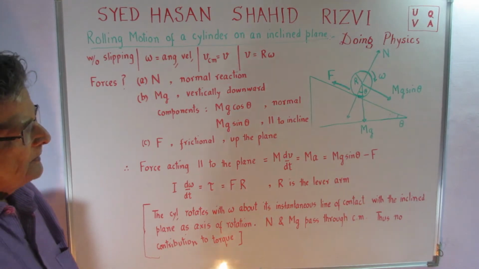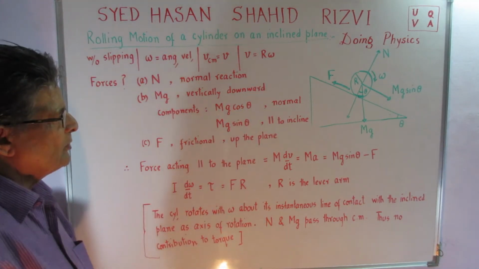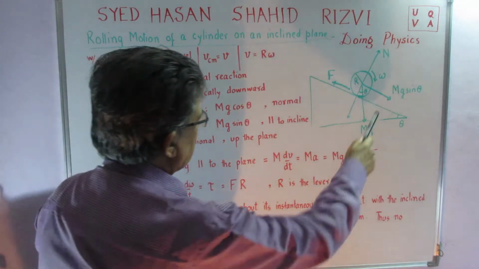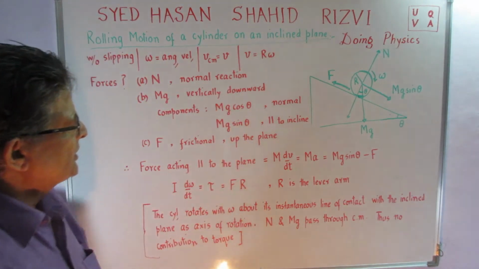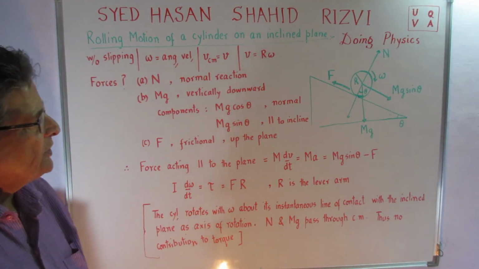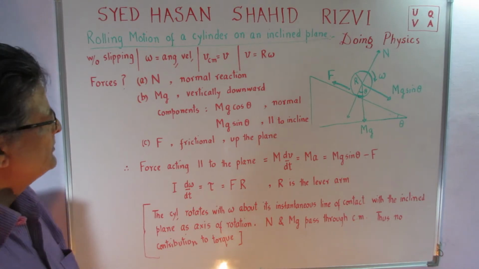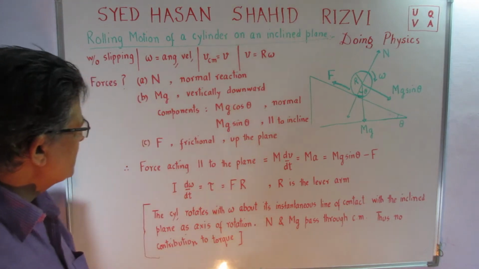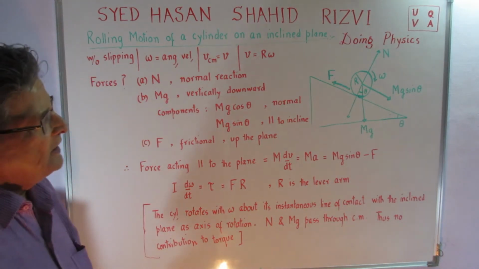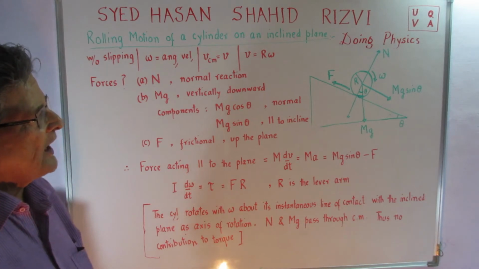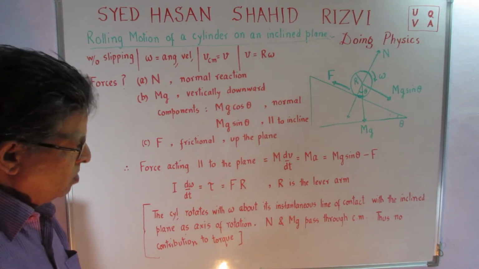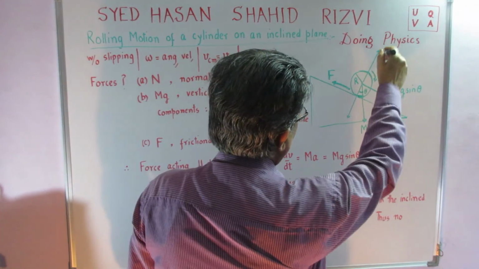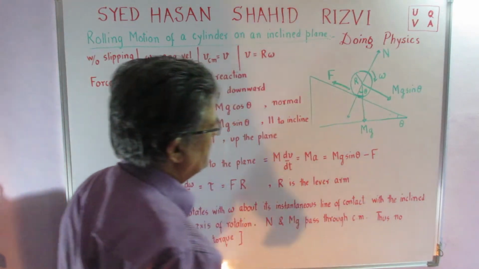Now we know that in rotational motion we have an angular velocity omega, and the velocity of the center of mass of the body I have taken just as v, and this v is equal to r omega. These are some of the results which we have known, so we are just recalling them. Now let us see what the forces acting in the system are. One of the forces, which acts here, is the normal force.